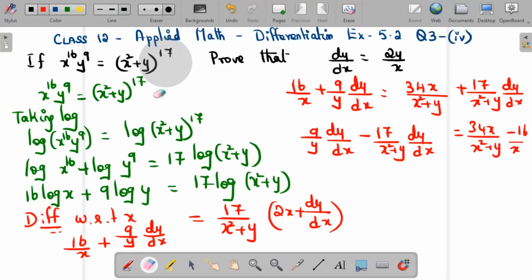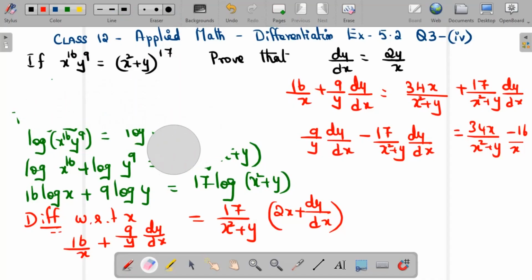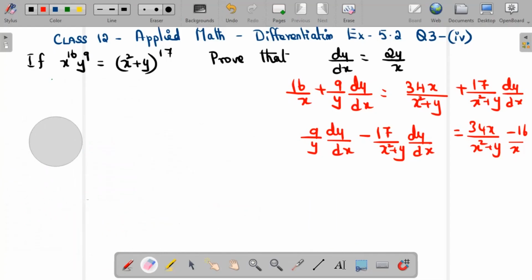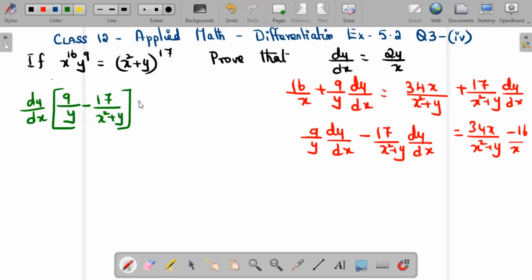Now that the grouping is done, let's take dy/dx as a common factor and simplify the LHS, and do the same thing for the RHS. So I'm taking dy/dx outside. This becomes 9/y minus 17/(x² + y). On the right side is 34x/(x² + y) minus 16/x. Now I'm going to do LCM on both the left and the right sides for the fractions.